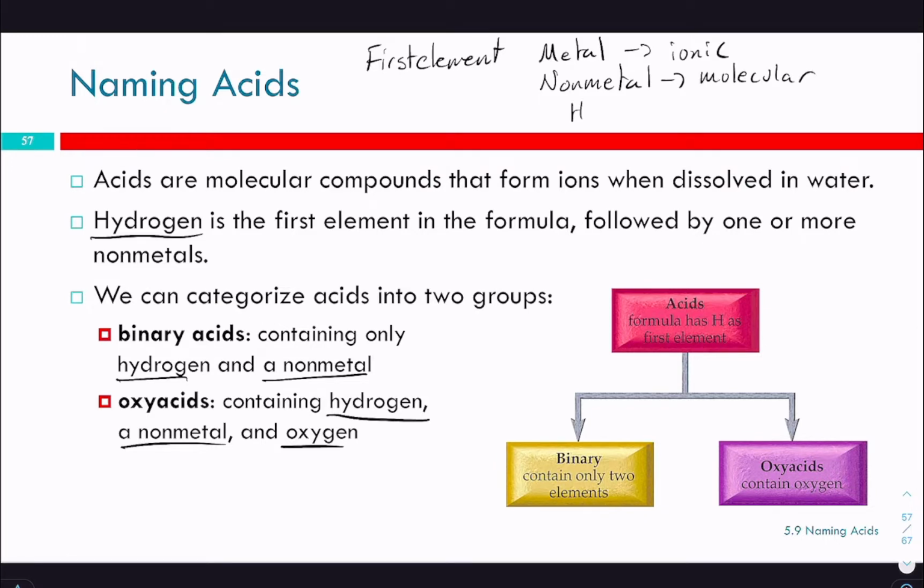If it's hydrogen, it's an acid. You've got to make some more determinations from there, but those are our 3 broad categories of naming, and then each of those breaks up into, I guess the metals and the acids break up into a couple more categories.